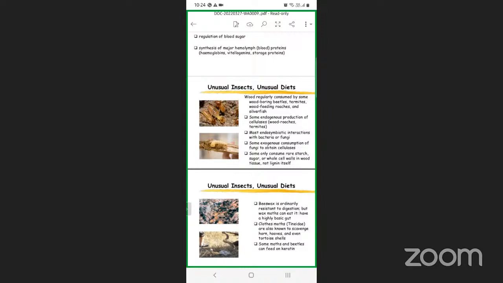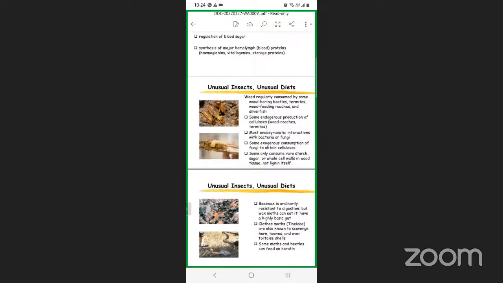Like this, we see different types of processing in the digestion of insects, where the digestion of carbohydrates, proteins, and lipids takes place.